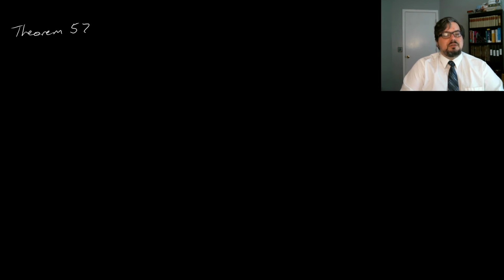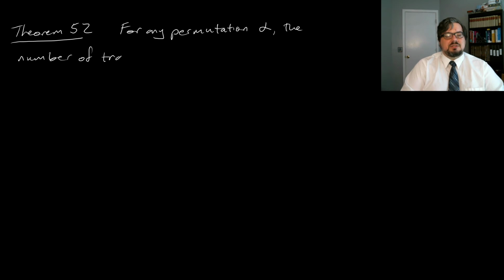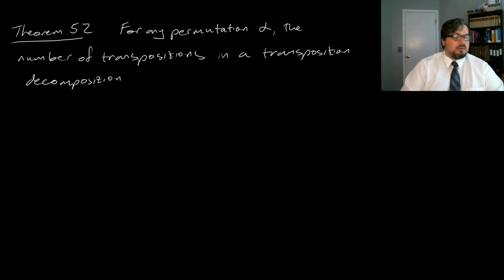So Theorem 52 says that for any permutation alpha, the number of transpositions in a transposition decomposition of alpha is either always even or always odd.